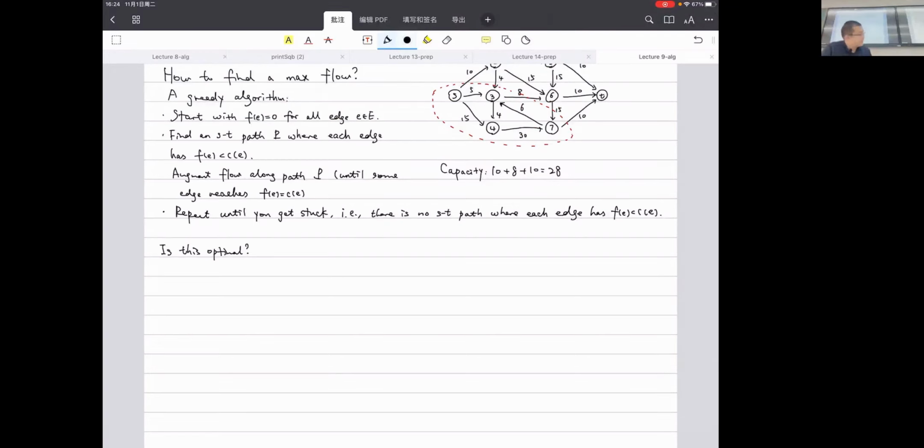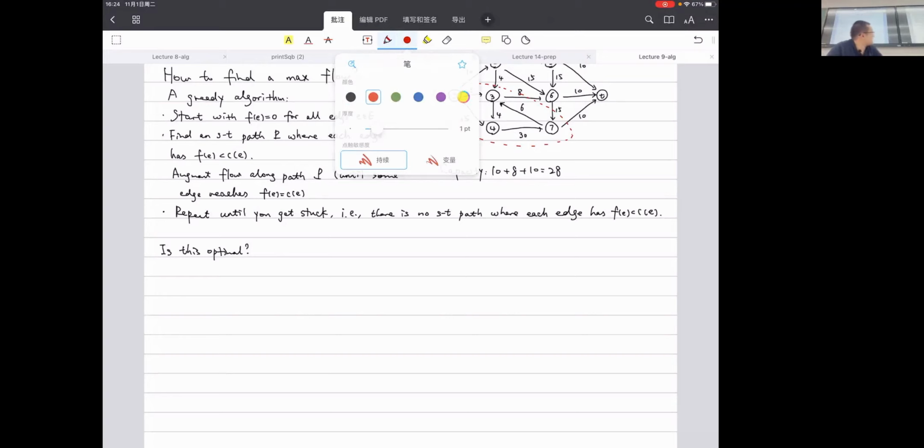If it's not, what is a hard instance where this greedy strategy is not working the best? I guess since I'm asking this question, probably the answer is no.